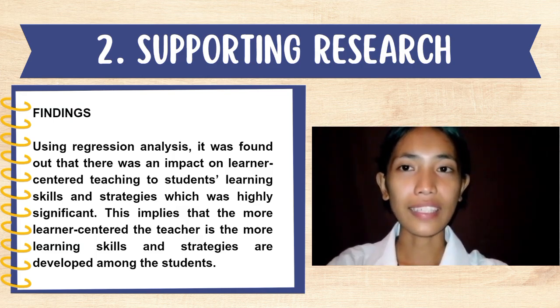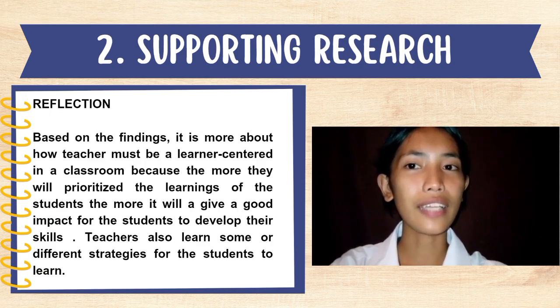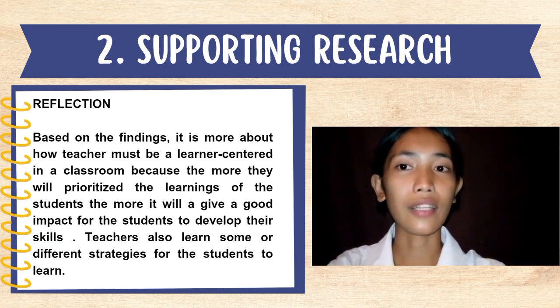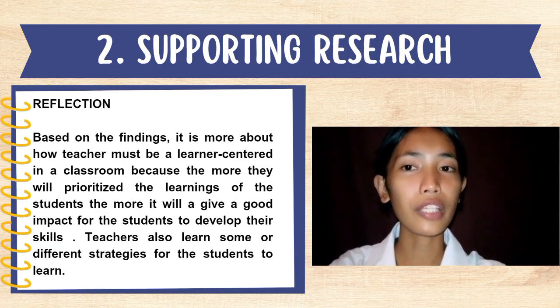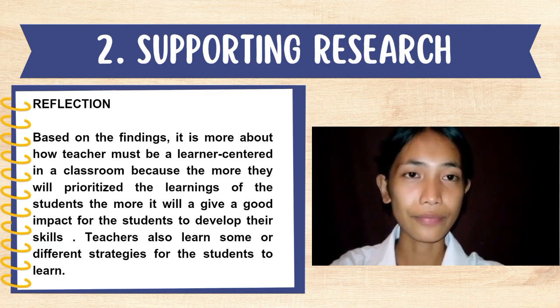So based on the findings, teachers must be learner-centered in a classroom, because the more they prioritize the learning of the students, the more it will give a good impact for the students to develop their skills. Teachers also learn different strategies for the students to learn.